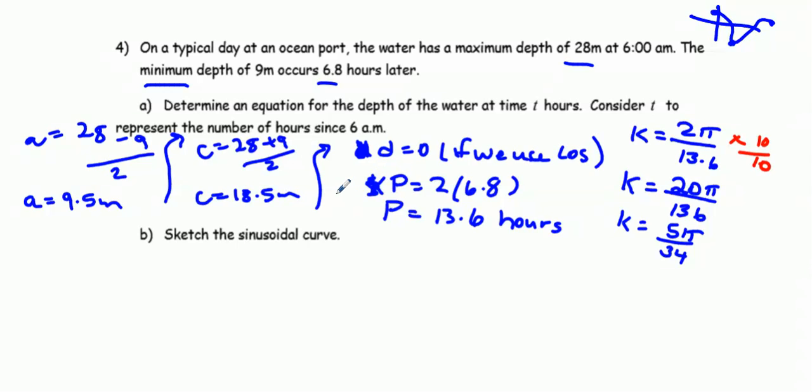and I know the d is 0. So let's put it all into an equation. So let's just use the proper letters here. It didn't give us a letter for depth, but let's just use function notation and use d of t. We're using cosine. We decided that already. Our A is 9.5.